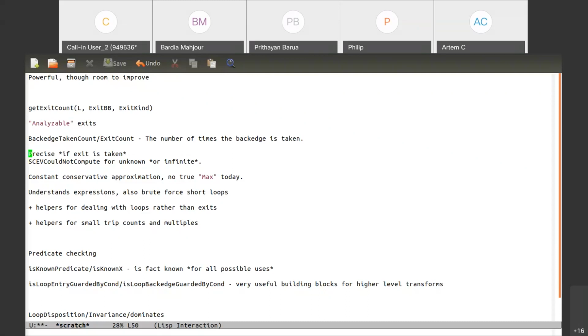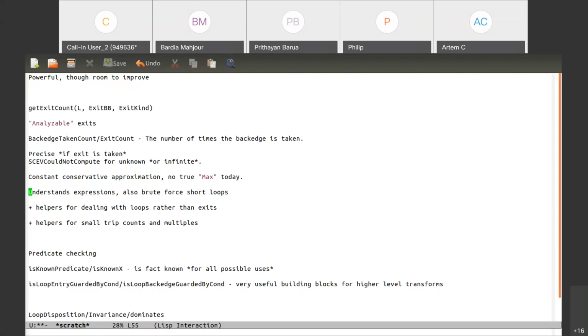And we don't have a good way to describe that today in SCEV. What happens in practice is you get a SCEV could not compute, which is unfortunate because that's a case where we've generally done all of the analysis necessary to prove that exit is never taken. And then SCEV throws away the result and you can't query that in a useful way. It's a limitation of the current infrastructure.